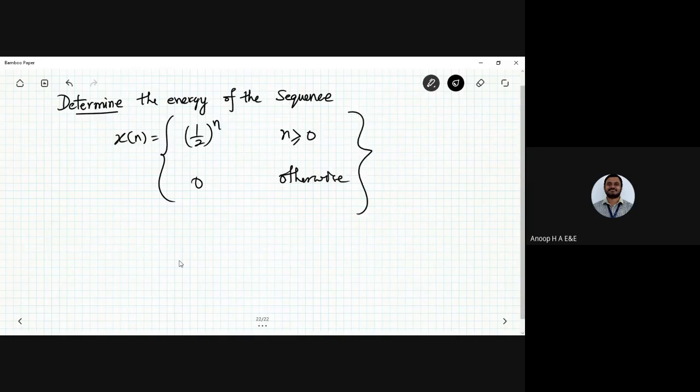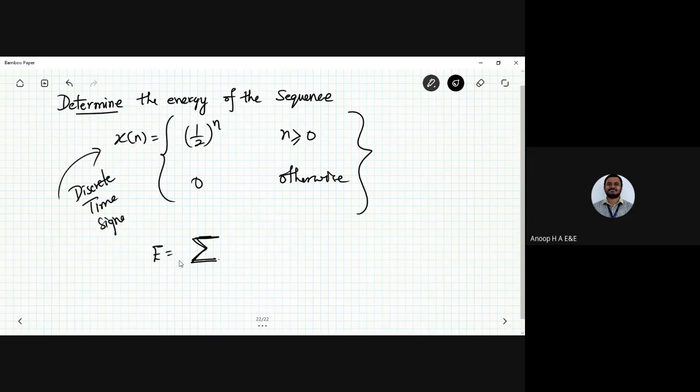Recall the formula: energy is given by summation, as you know x of n is a discrete time signal.